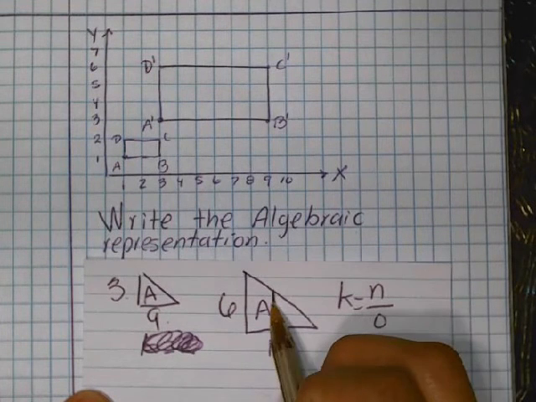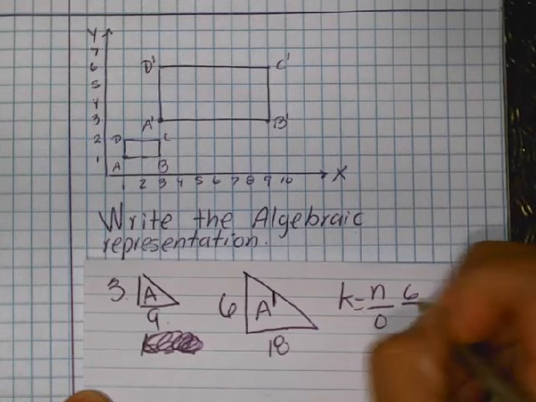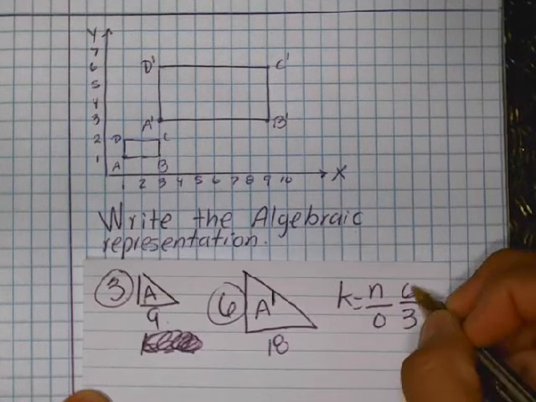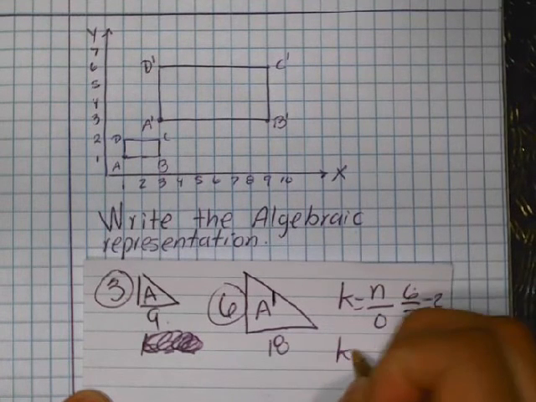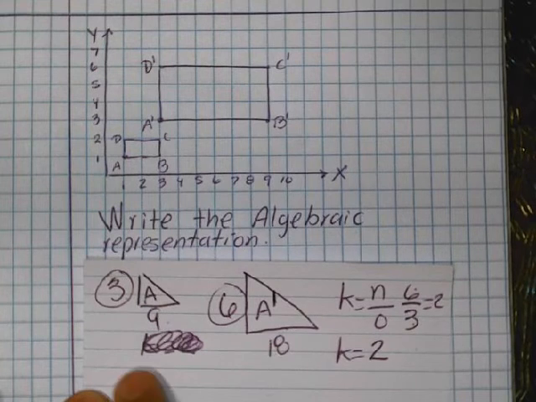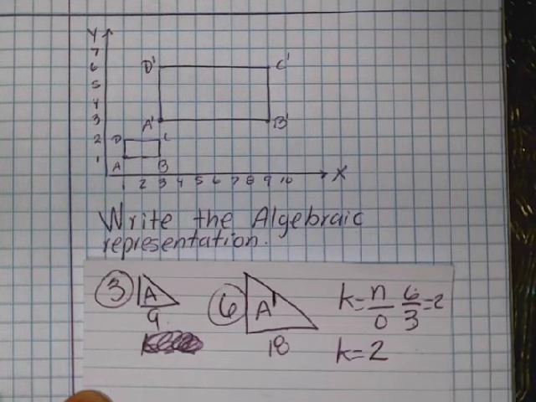Remember, this little prime identifies the new shape. So that means that one of the sides, 6, corresponds to 3. And 6 divided by 3 is equal to 2, because the scale factor was 2 and it got twice as big. I'm going to use the same concept.